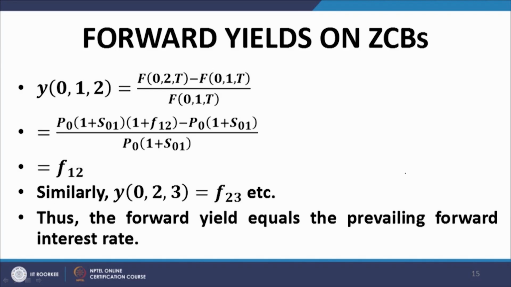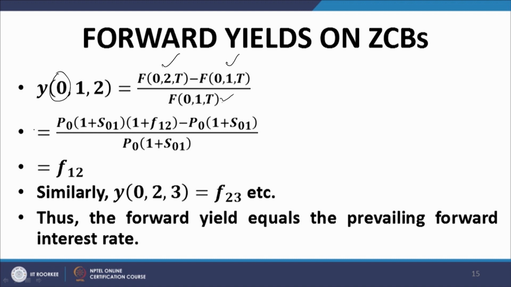So, the forward yield between, for example, t equal to 1 and t equal to 2 will be given by this expression: the forward price at t equal to 2 minus the forward price at t equal to 1, divided by the forward price at t equal to 1. This is the yield between t equal to 1 and t equal to 2 as worked out at t equal to 0.